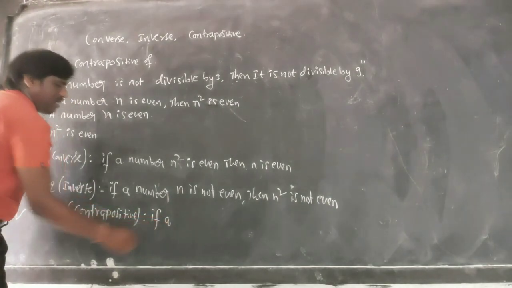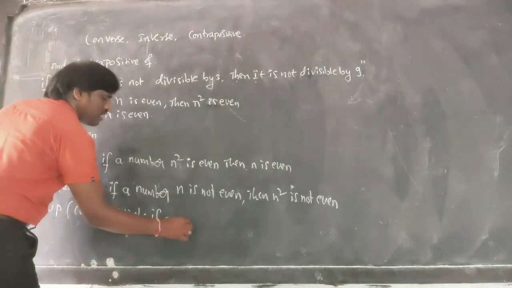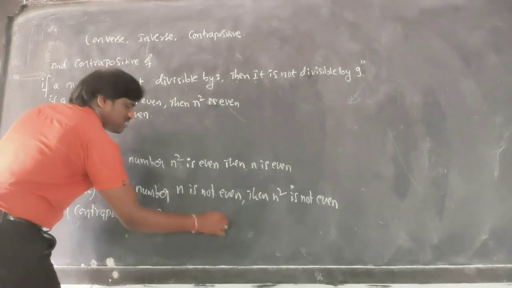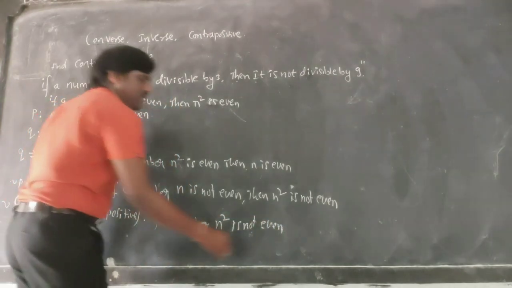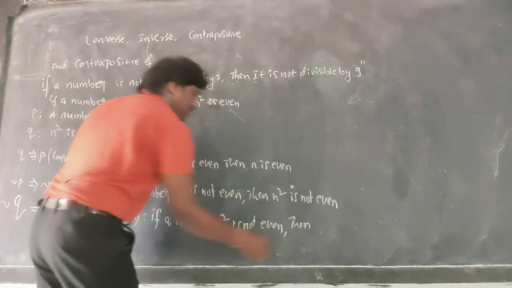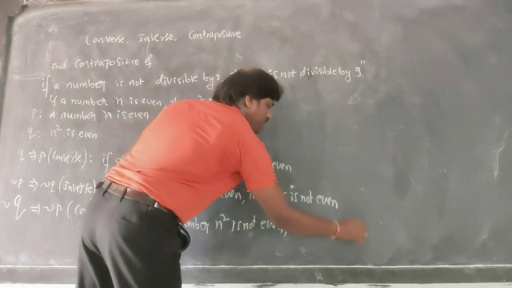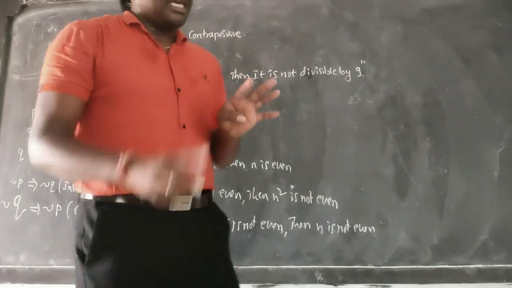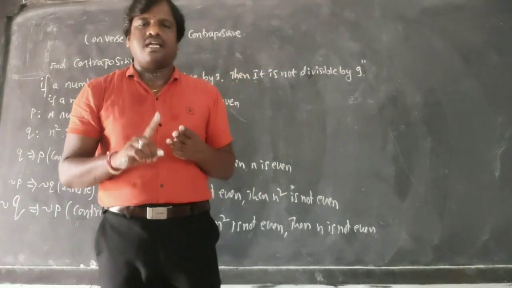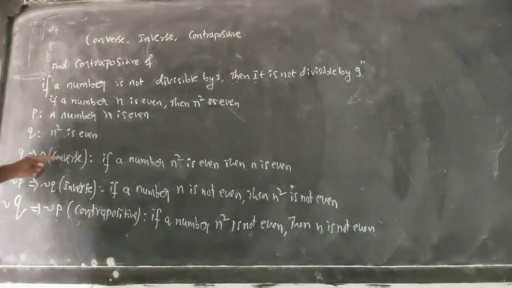If a number n square is not even, then n is not even. This is what we call the contrapositive. For every conditional statement, you take any statement, there will be a converse, inverse and contrapositive.